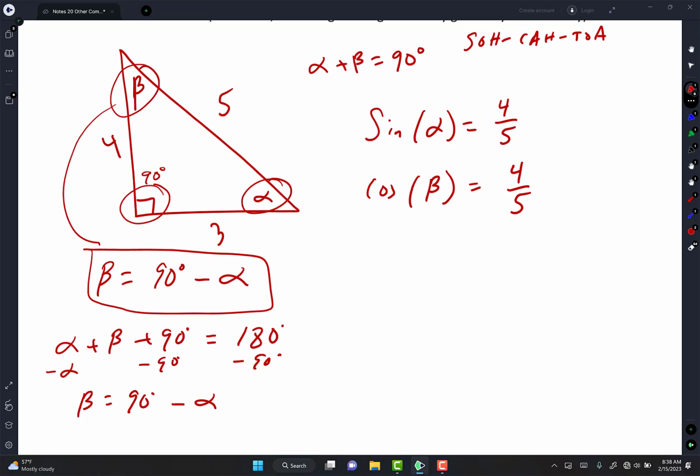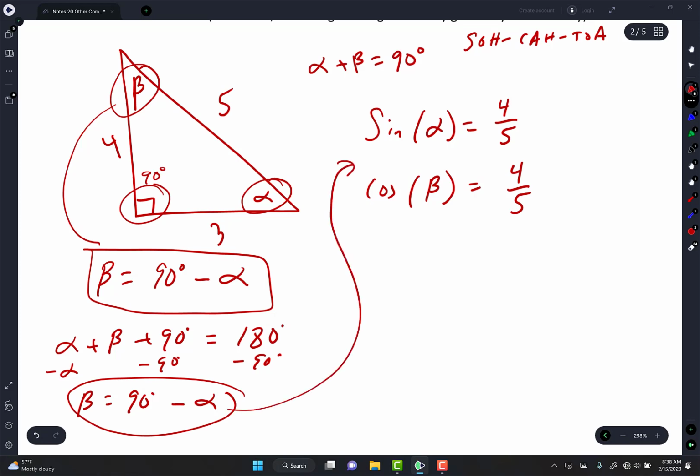Cool or not cool? So from this, check it out. Look what happens when I plug it in here. So sine alpha is equal to, what is beta? 90 minus alpha. Cosine of 90 degrees minus alpha.